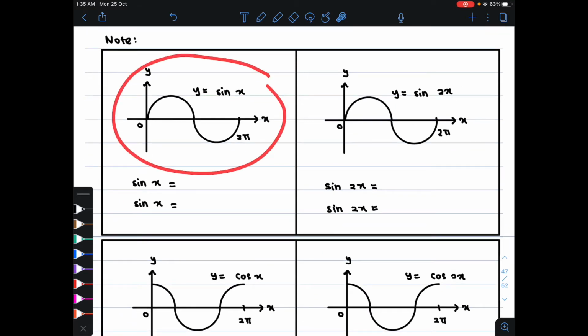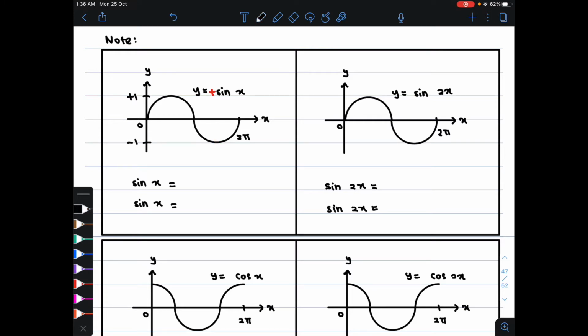This is the graph of y equals sin x. The most important thing that you need to memorize is that the coefficient should always be positive 1. And hence, this is the graph of y equals sin x. Note that here is the maximum value, which is positive 1, and here is the minimum value, which is negative 1.